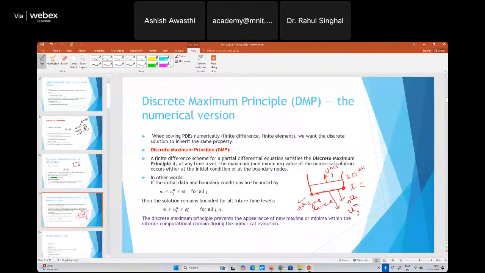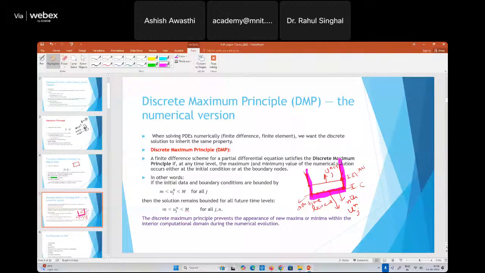So whatever solution comes at each time level as you progress, you don't have to worry. It will never grow, because if you have bounded boundary conditions, your solution at each time level will be behaving nicely. It will always be bounded.